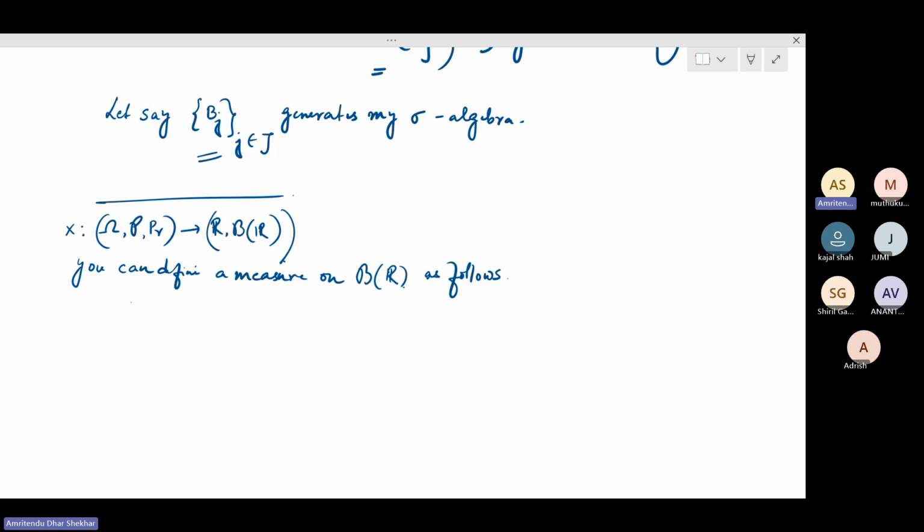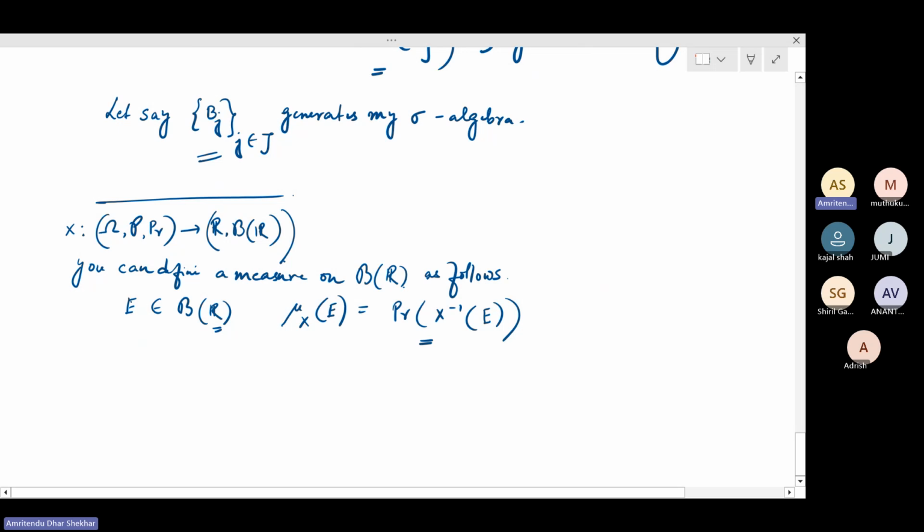If you take any set in BR, so any measurable set of the real line, you define a measure on that, which you can call mu subscript x, where mu subscript x of E is equal to probability of x inverse of E. Sometimes in the language of measure theory, it's called a pullback measure.